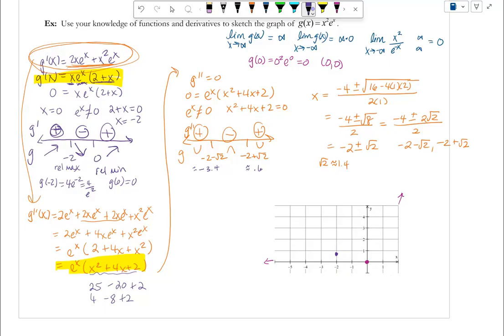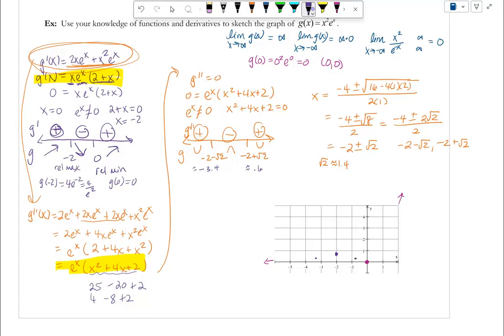So on my graph, at negative 3.4, that's going to be like here-ish. I just know that this point is going to be between that maximum and getting closer to the 0. So I'm just going to put a point here. And at negative 0.6, that would be maybe about here.